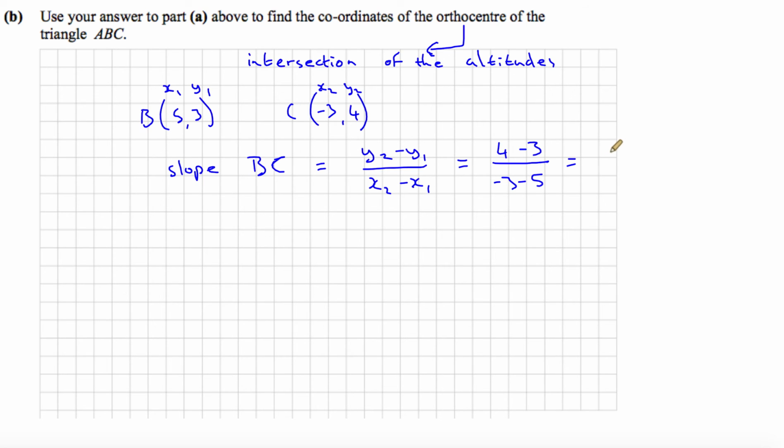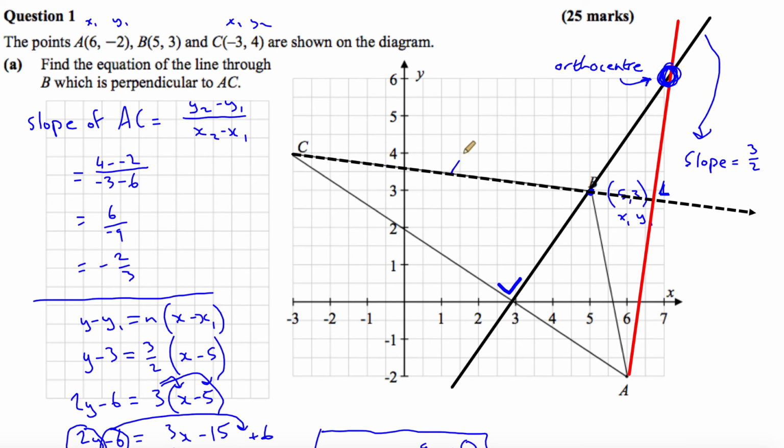And that gives me a slope of minus 1/8. So minus 1/8 is the slope of this line here, BC.